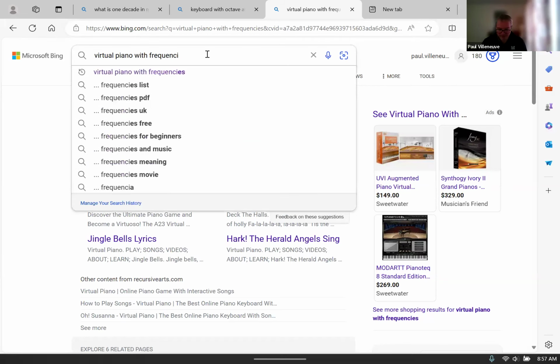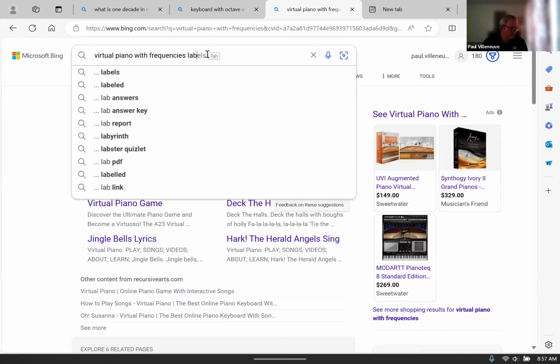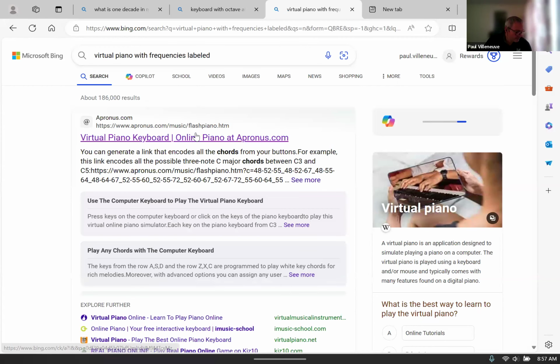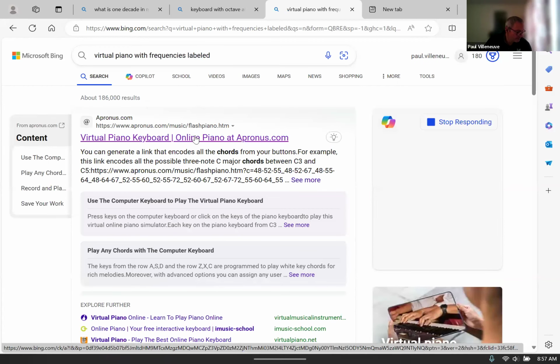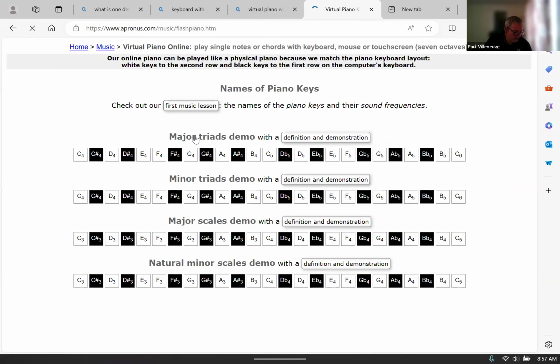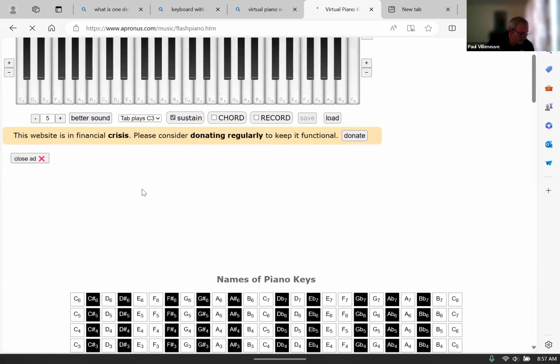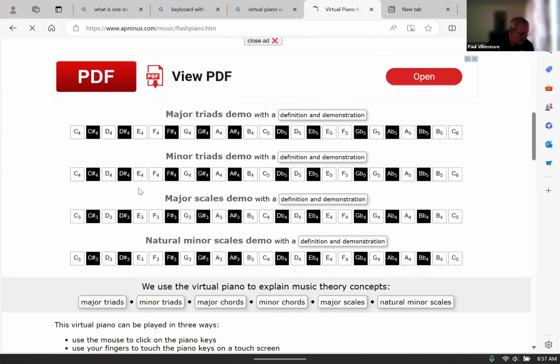Ah, my finger's not working today. Let's see if this one works. Okay, so name of piano keys, that's great. What are the frequencies?